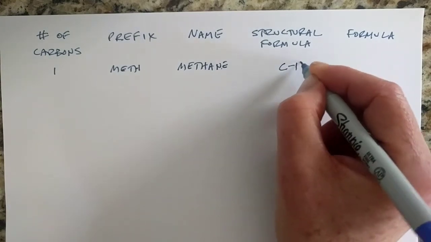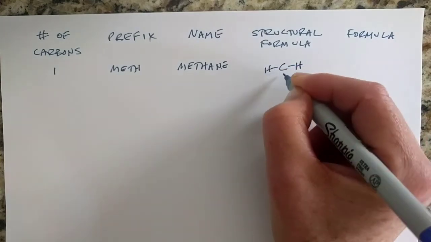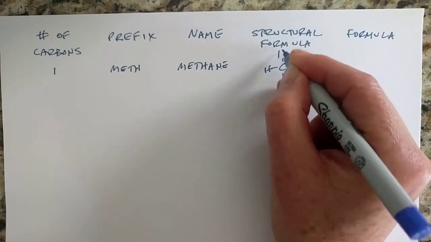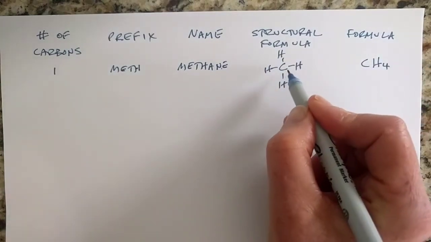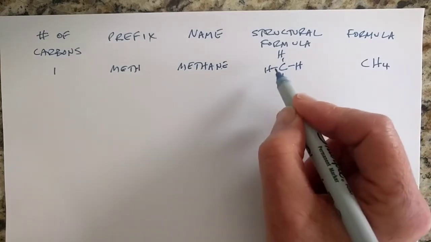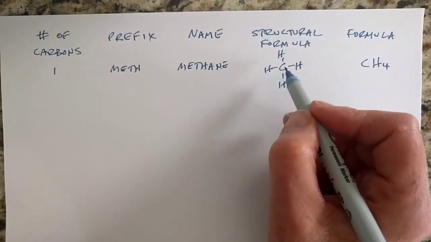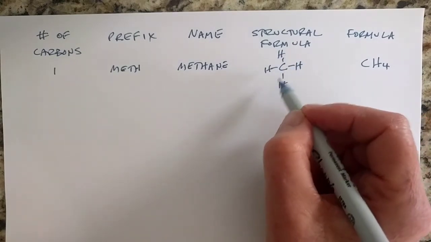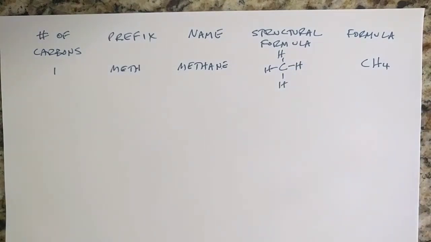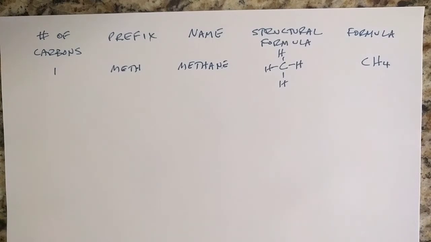So we have a carbon with 4 hydrogens, and our formula is CH4. Because when carbon makes single bonds, it always makes 4 bonds around it. And we know that this would be tetrahedral, one hydrogen up, one hydrogen off to the side, one hydrogen sticking out in front, and one hydrogen going to the back.